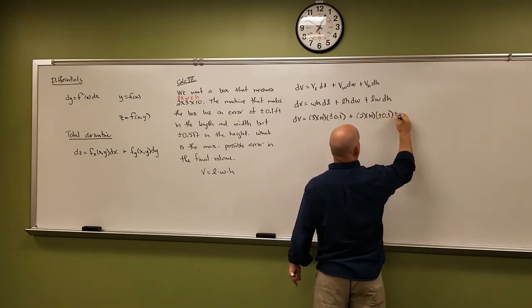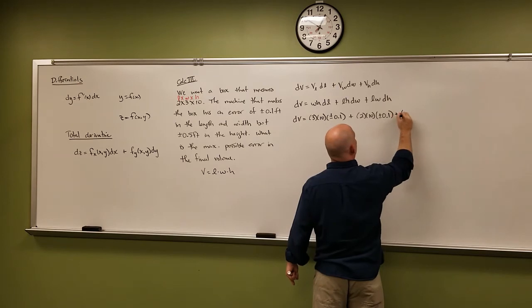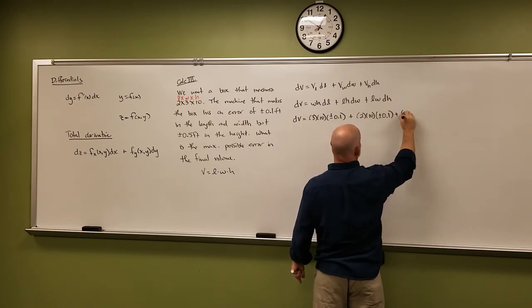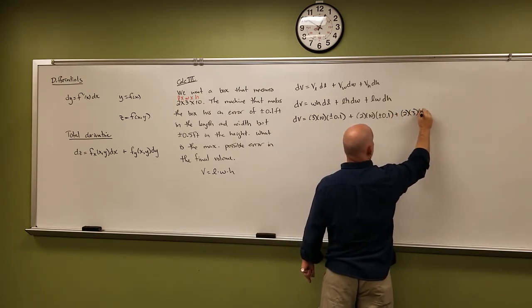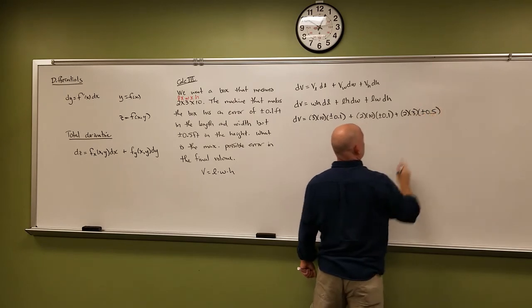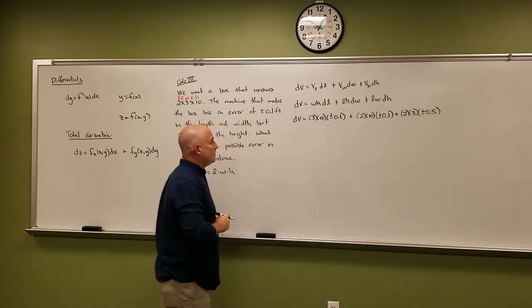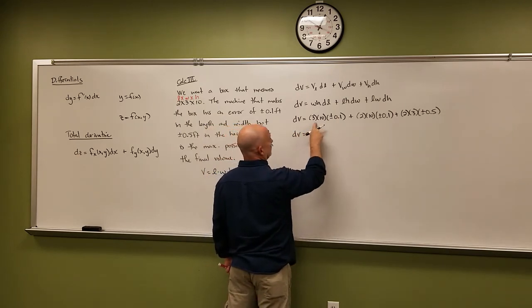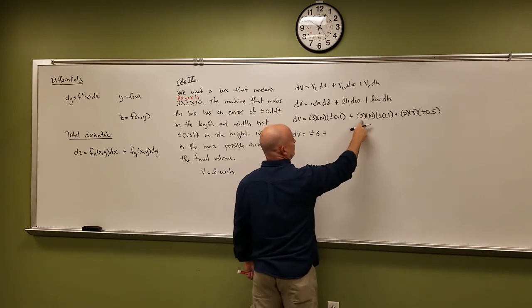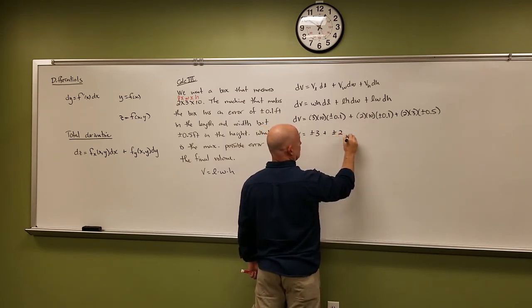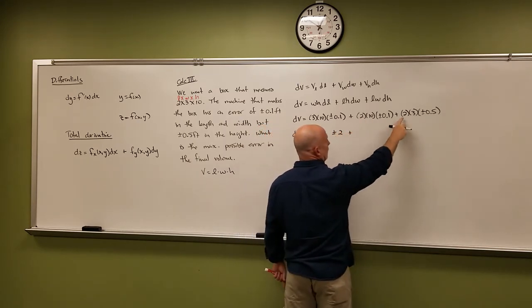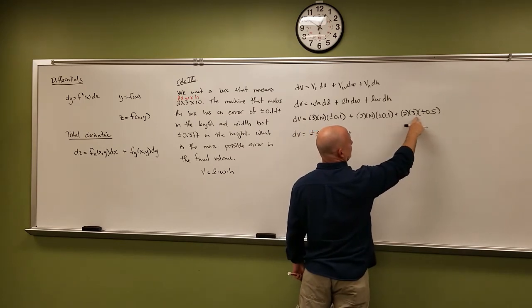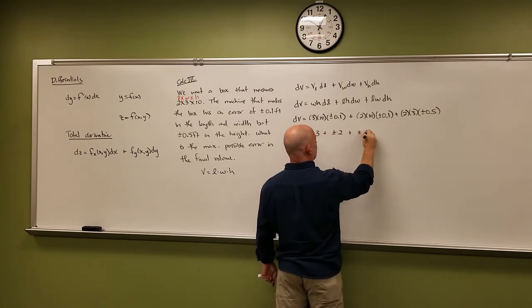And the length and the width are 2 and 3, but that has a possible error of 0.5. Okay, looking at all these, let's go ahead and say dV would be, that's 30, so it's plus or minus 3. That's 20, so plus or minus 2. 6, half of 6 would be 3.